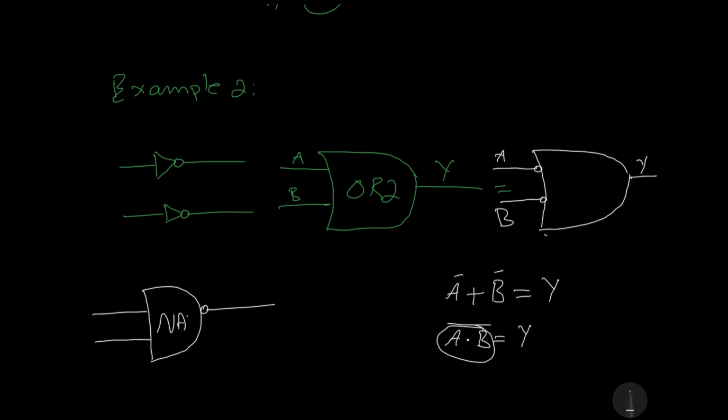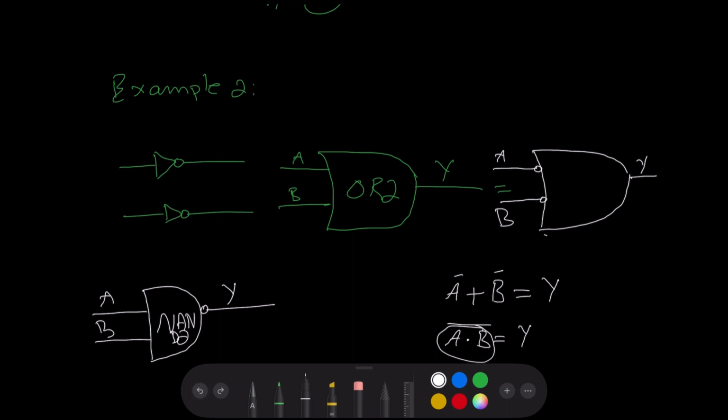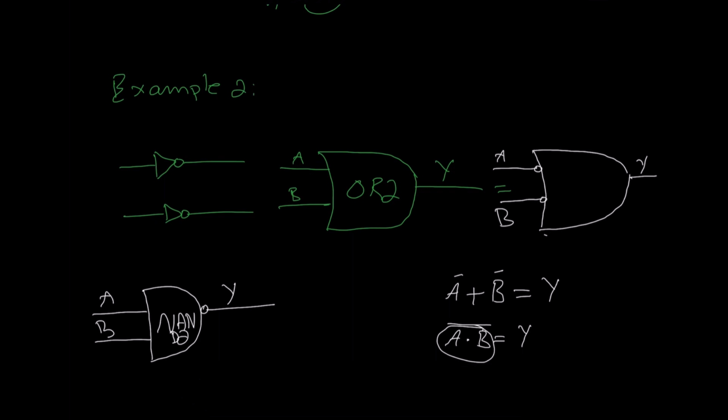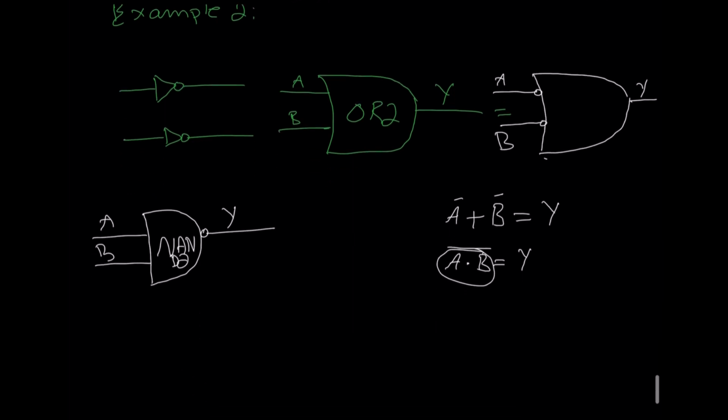This is NAND 2. The output is right here. Y is like that. Okay, so that's our new representation. Again, as I was saying, don't worry about it right now.